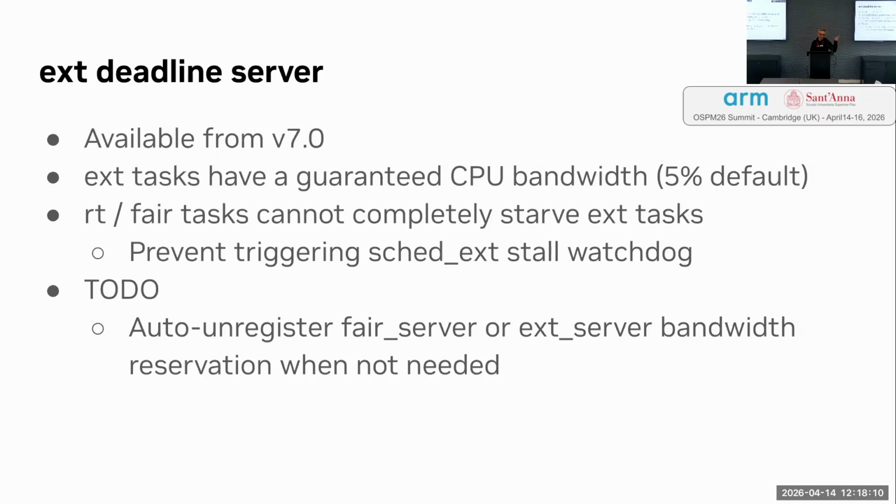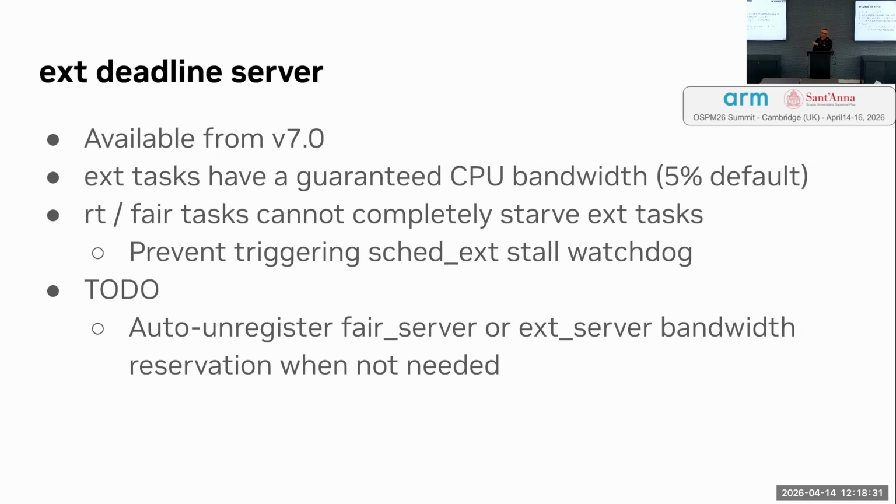What we are missing, and we were talking with Yuri also, is a way to... right now, independently of whether you are running an SCX scheduler or not, we are still reserving the bandwidth via the deadline server for both FAIR and EXT.